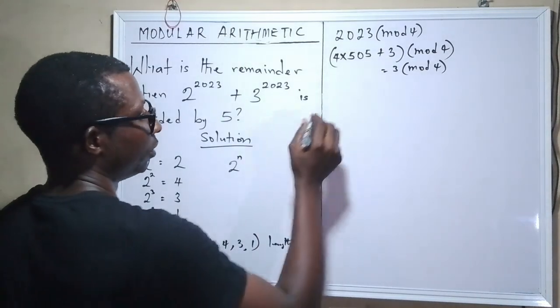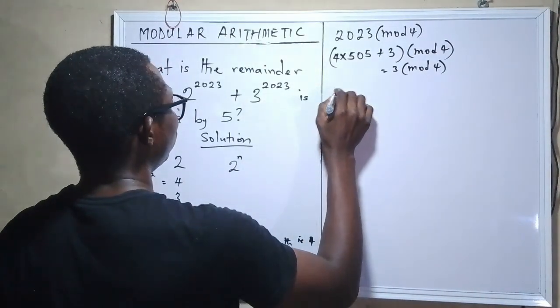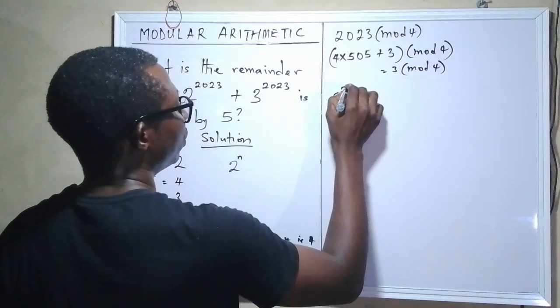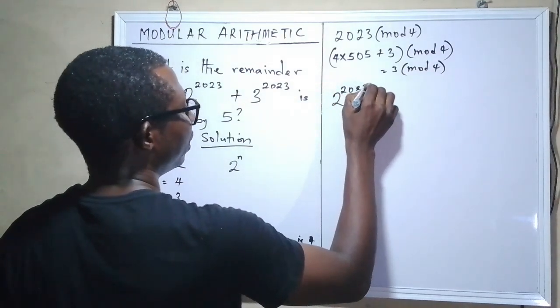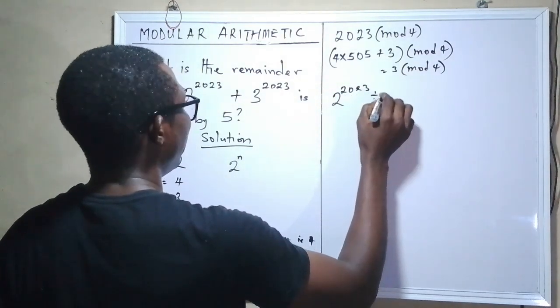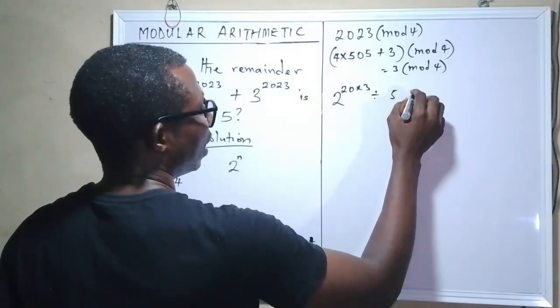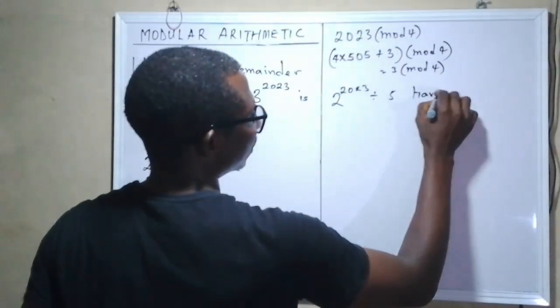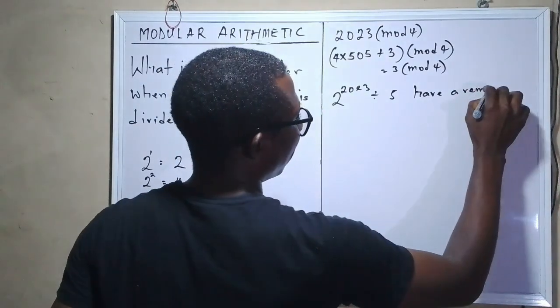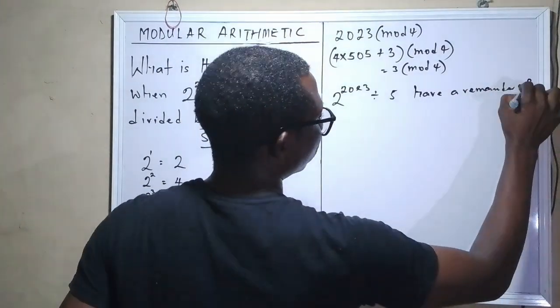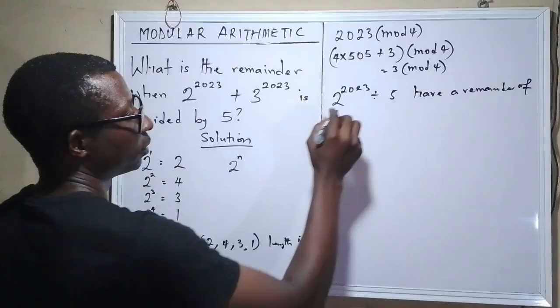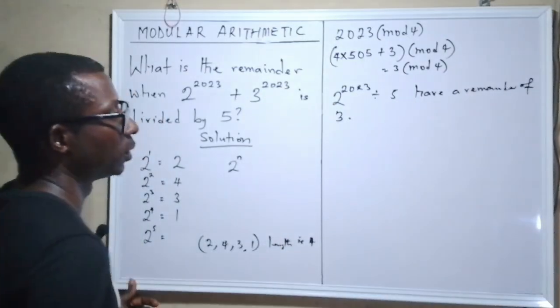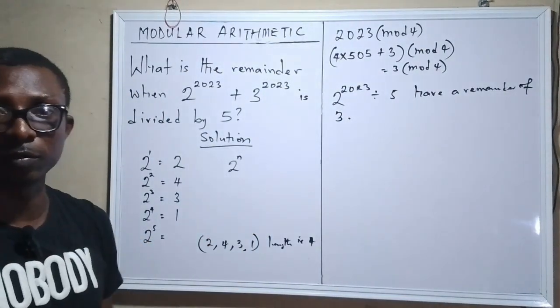So we have 2 raised to the power of 2023 divided by 5, have a remainder of what? Of 3. We have 3. So that's the first part of the question.